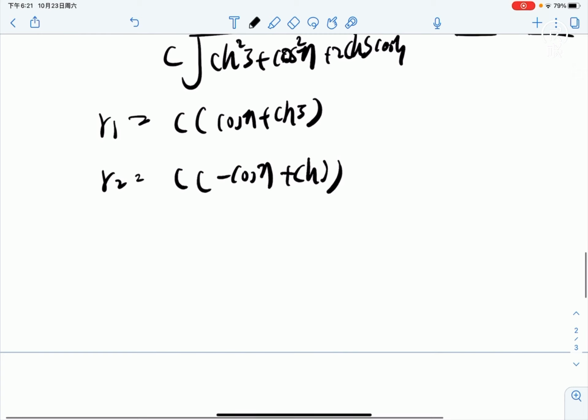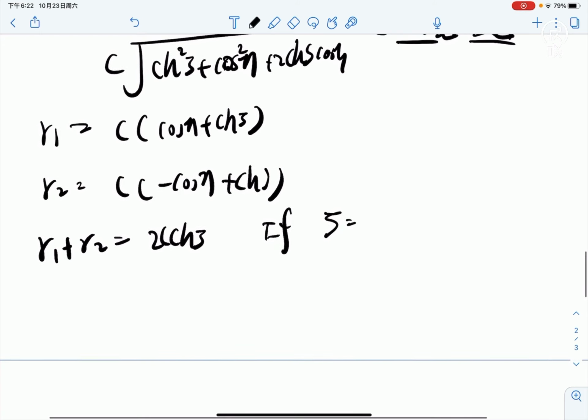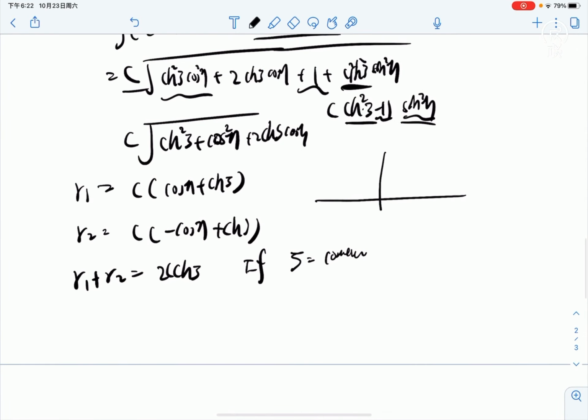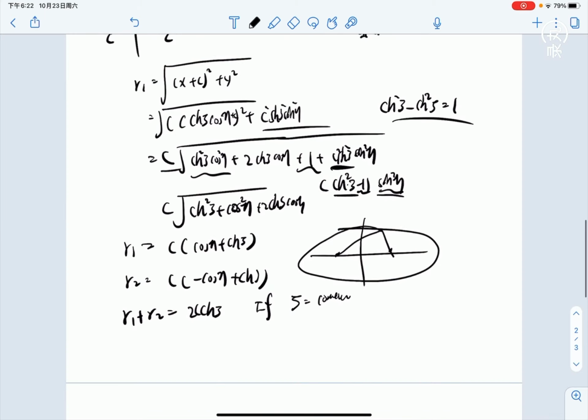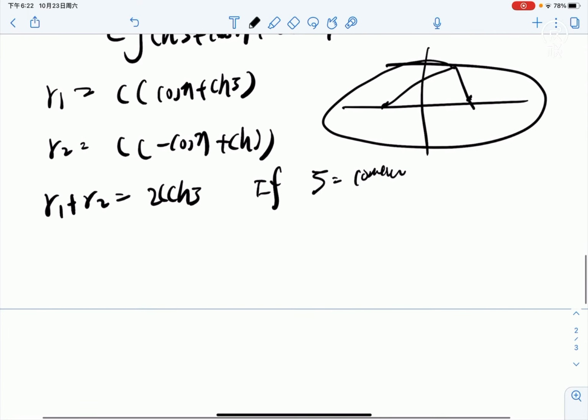And now for R1 plus R2, this is going to be 2c times cosh. And if psi is going to be equal to a constant, it is basically describing this. It's basically an ellipse.